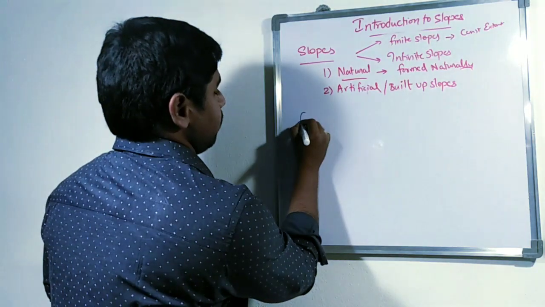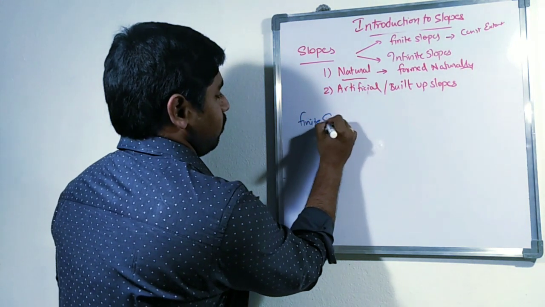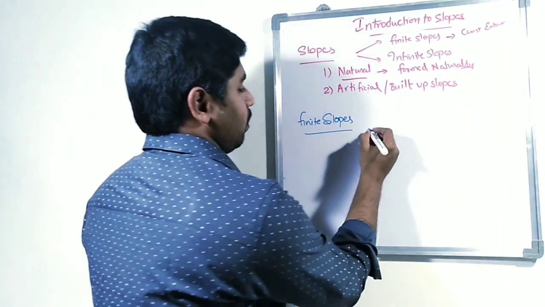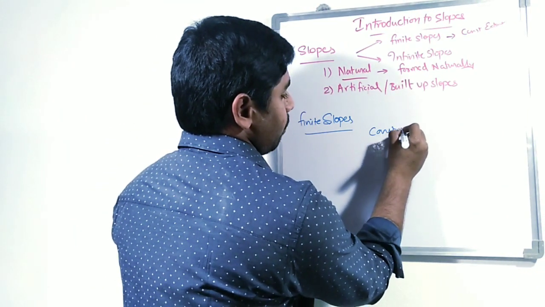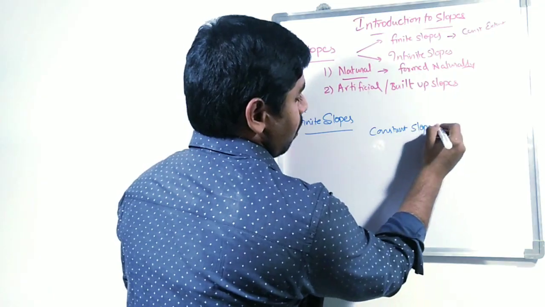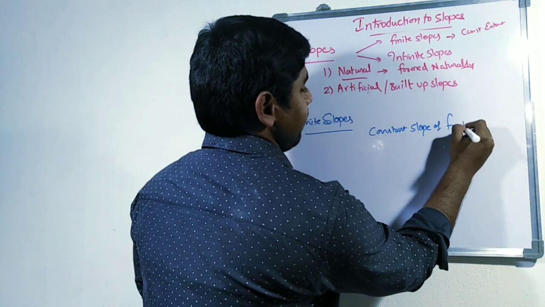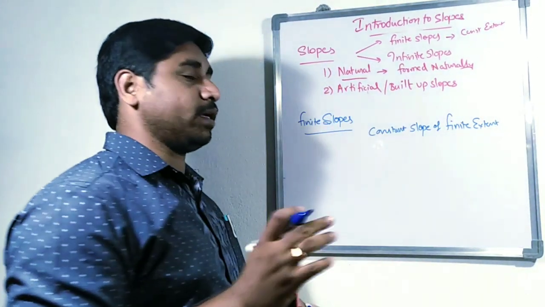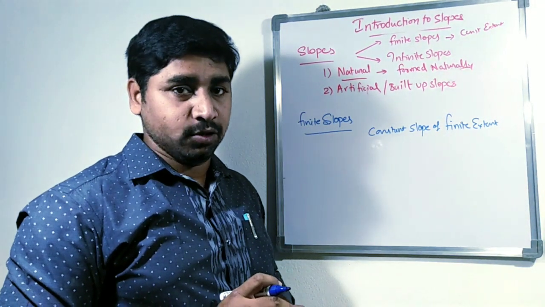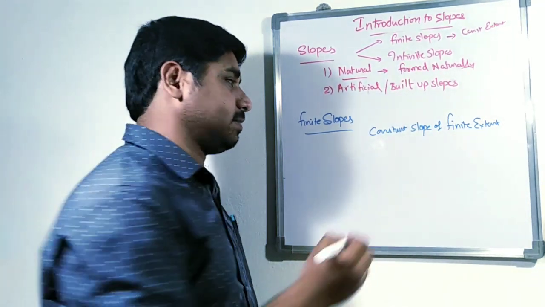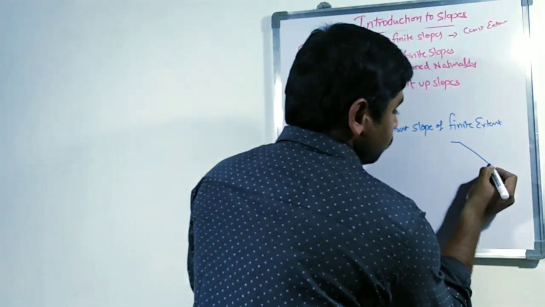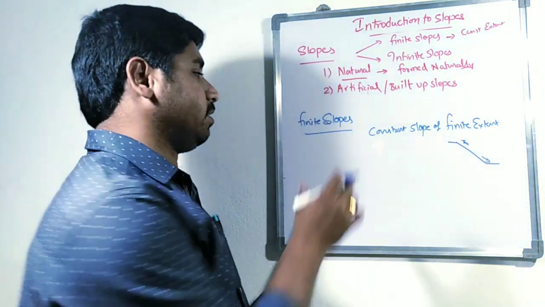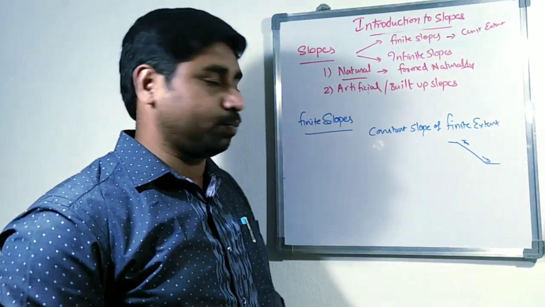A finite slope is a constant slope of finite extent, which means the length of the slope is limited here. If the extent of the slope is very small, then it is called a finite slope.